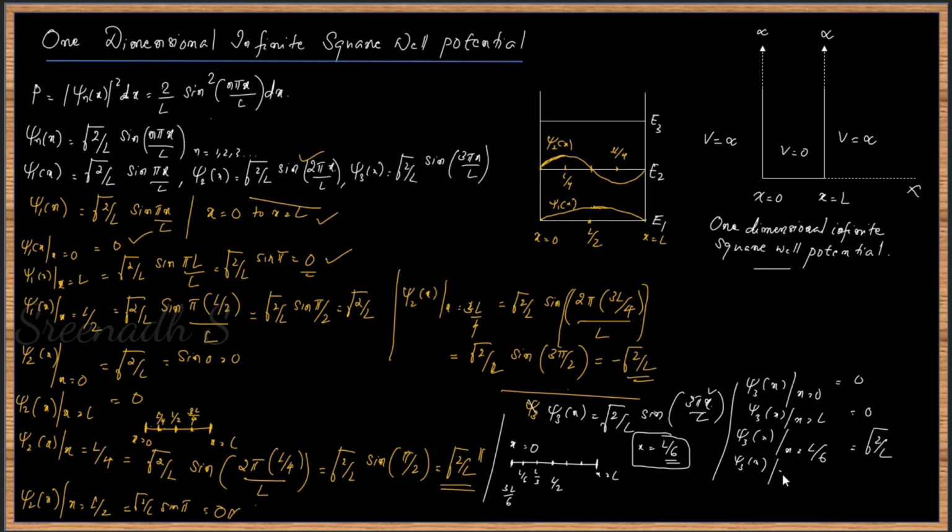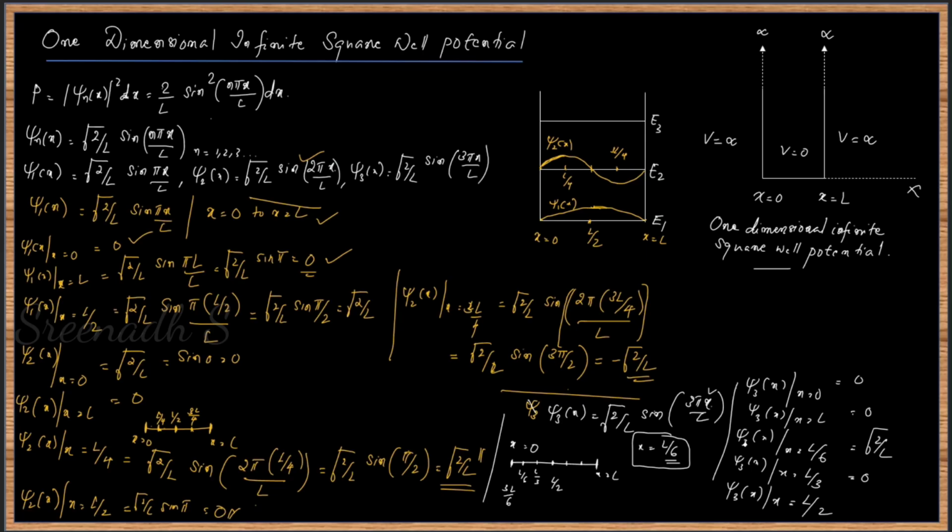Then psi 3 of x at x equal to L by 2. What will be the value? Sin 3 pi by 2 is minus 1.